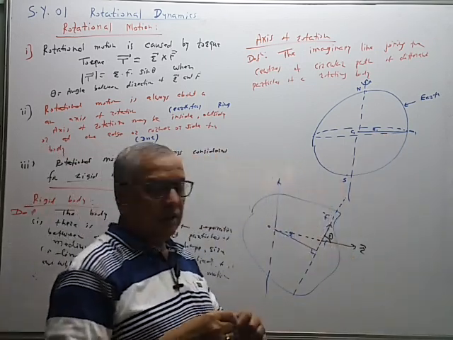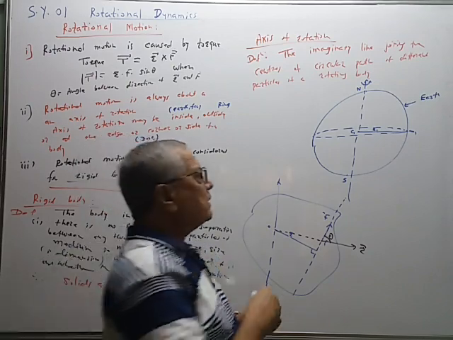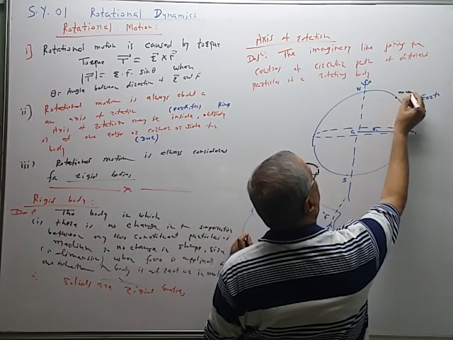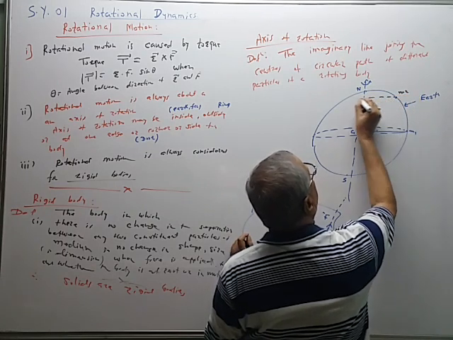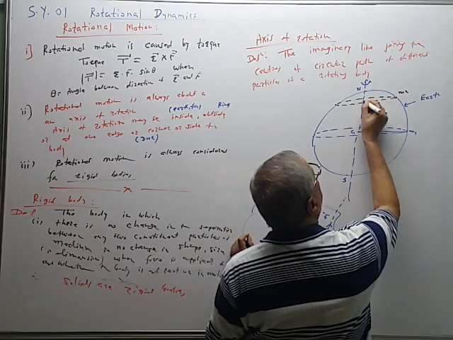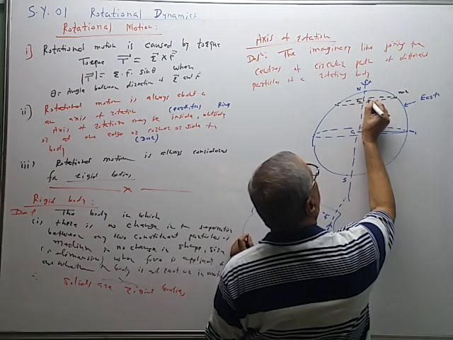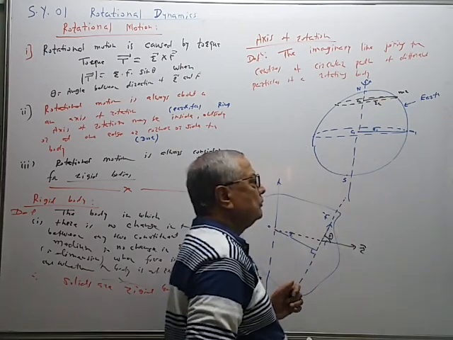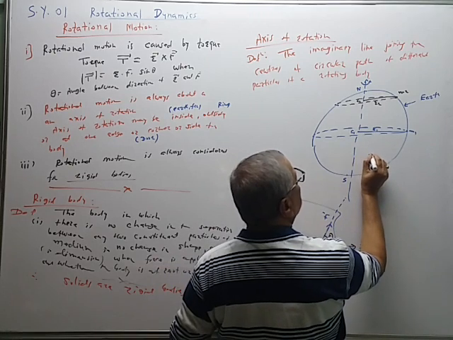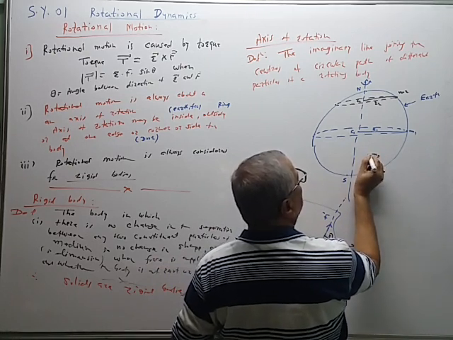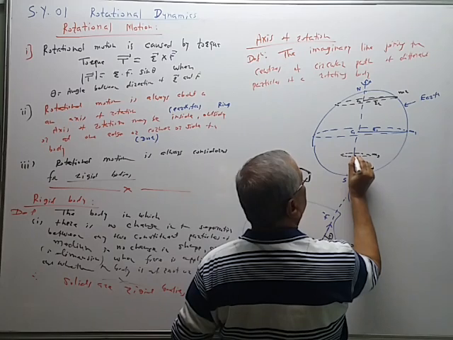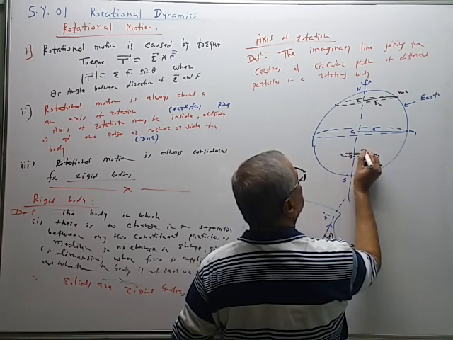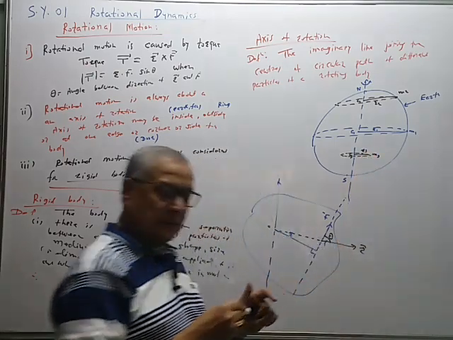Now, if we consider another particle of mass M2, say here, it will also perform circular motion. Center is C2, radius is R2. If we consider a third particle M3 inside the earth, it will also perform circular motion. Its center will be C3, its radius is R3.